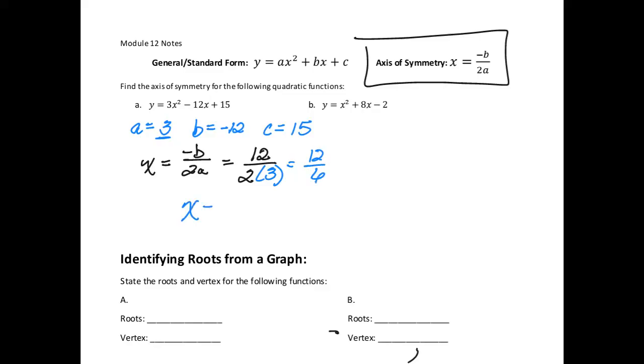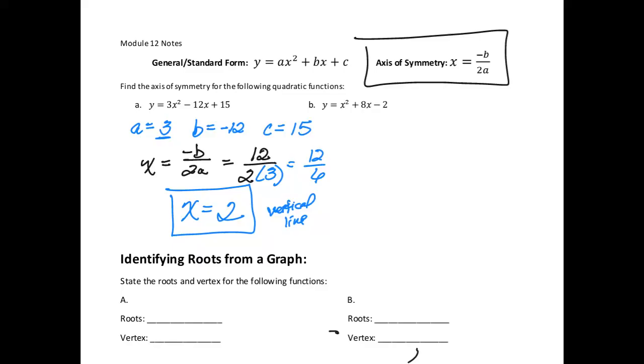So x is equal to 2. So you would have a vertical line at x equals 2. Hey, that's not so bad. We can do that, right, Daniel? Yeah. All right, let's take a look at the next one.